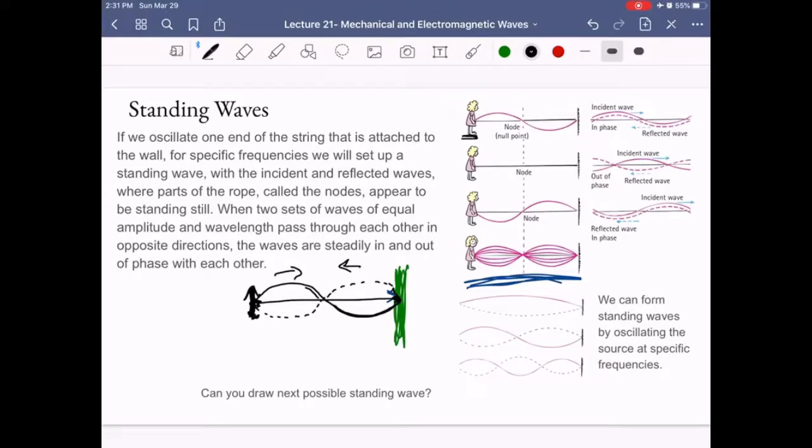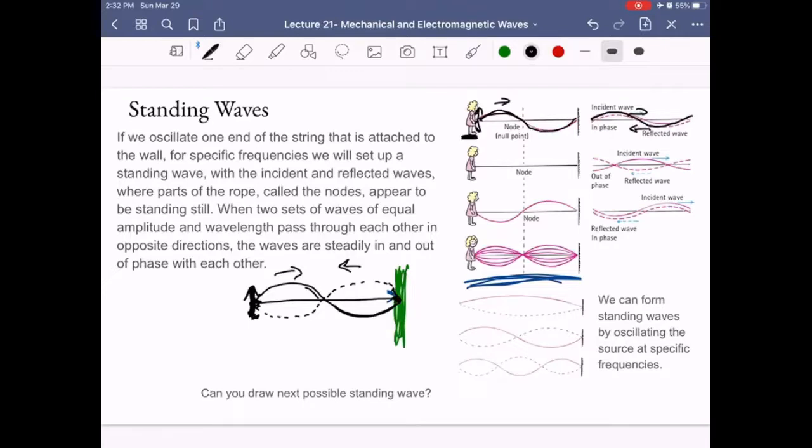So let's consider this diagram here. So this is a person oscillating the wave. So this is the wave that's going forward, and the reflected wave is also coming back and constructively interfering with this one in this case, and we will have a wave that's double the amplitude.